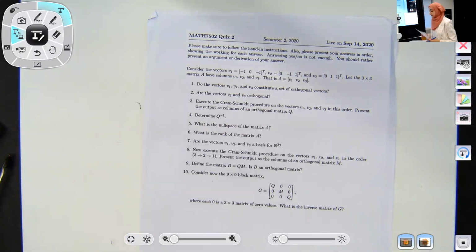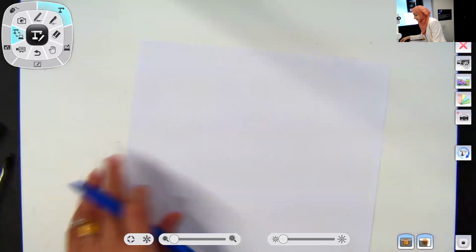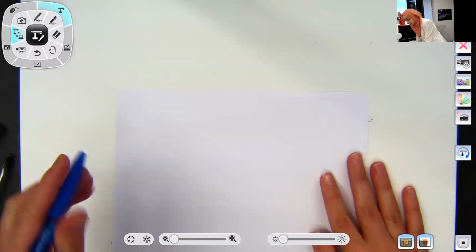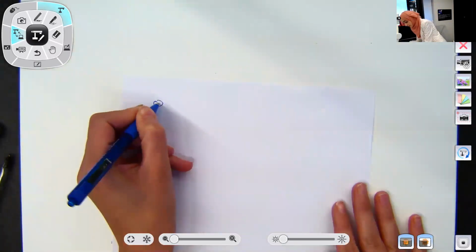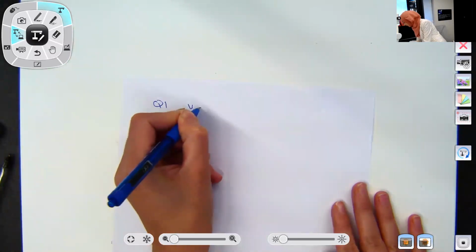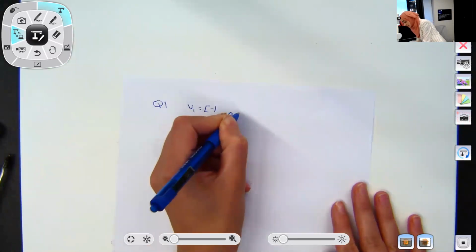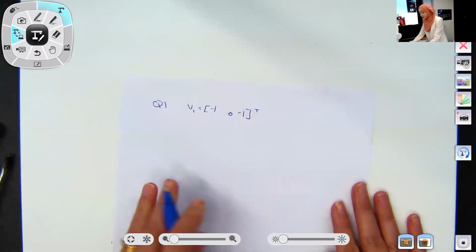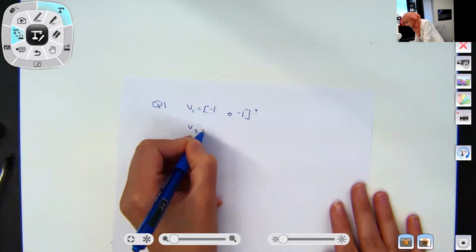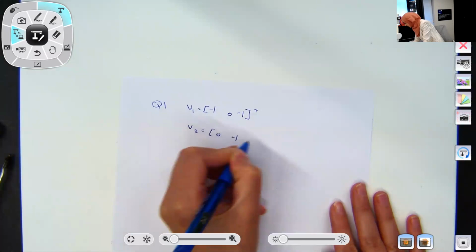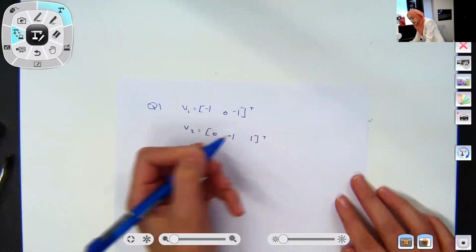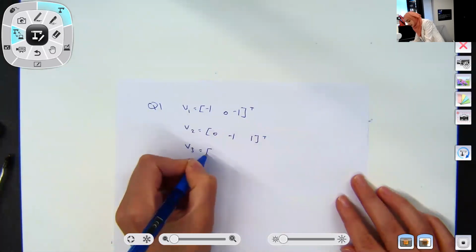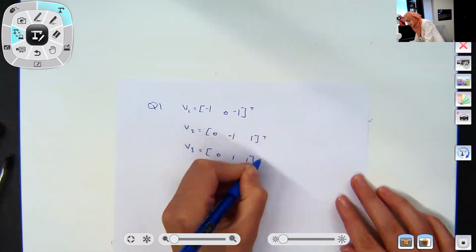They give you 3 vectors at the beginning. In question 1, v1 is -1, 0, and -1 transpose. We have v2 equal 0, -1, and 1 transpose. And we have v3 equal 0, 1, and 1 transpose.